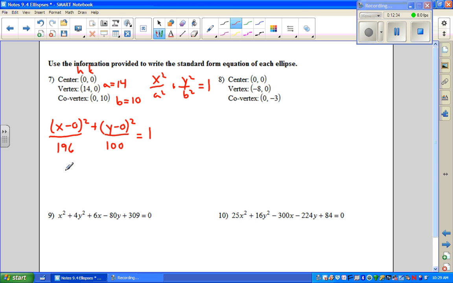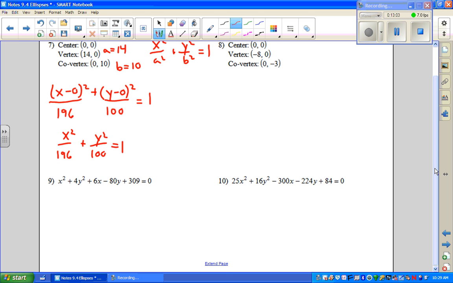To simplify this right now, x squared over 196 plus y squared over 100 is equal to 1. Okay, so that's how you take that given information and write the equation of an ellipse.